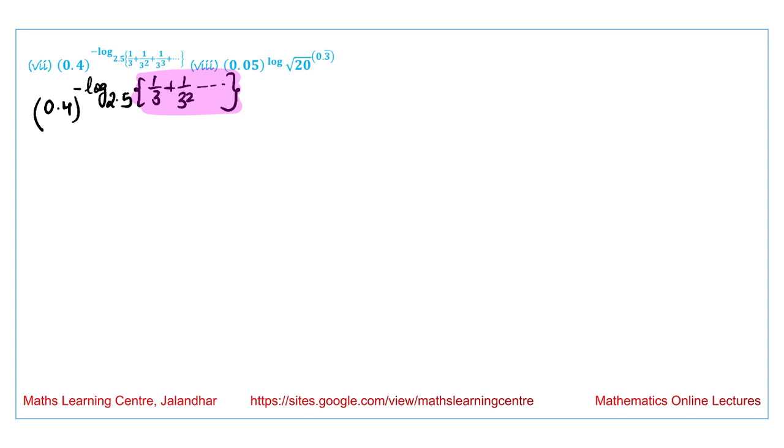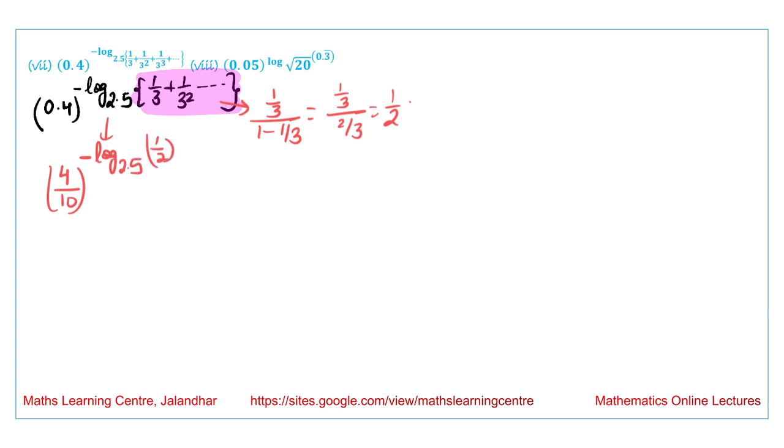The sum of this GP will be, the first term is 1 by 3, the common ratio is 1 by 3. So the answer we obtain is 1 by 3 over 2 by 3, that is equal to 1 by 2. So this problem becomes 0.4, we can write it as 4 by 10, raised to the power minus log base 2.5 of 1 by 2.